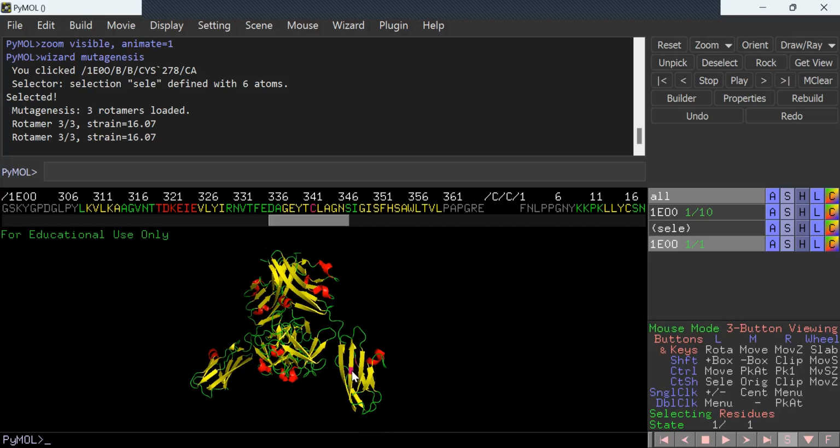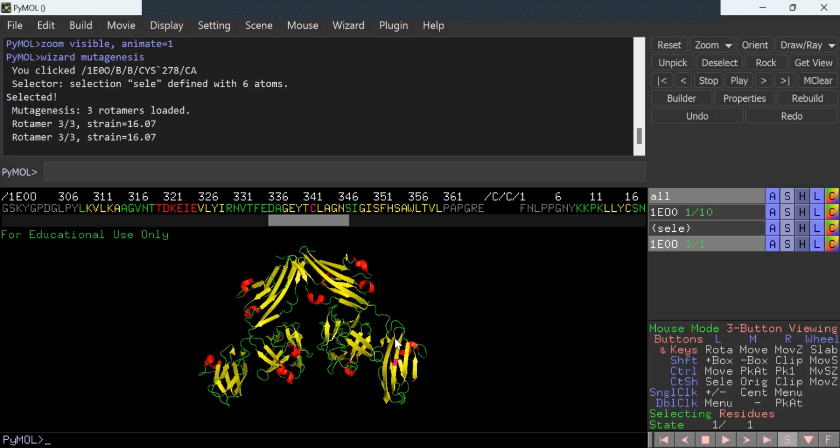And this ends up hurting this bond, and this causes a bit of a problem to this immunoglobulin-like domain groove over here. And we'll see why in a second.